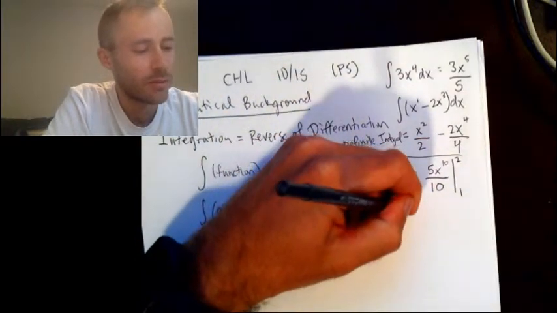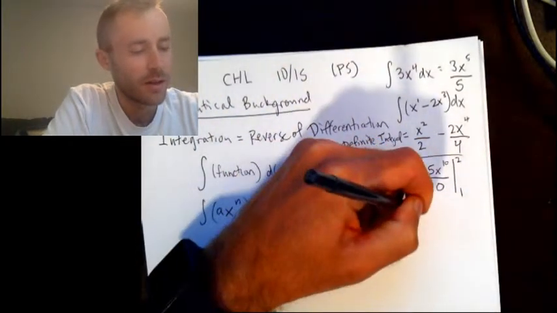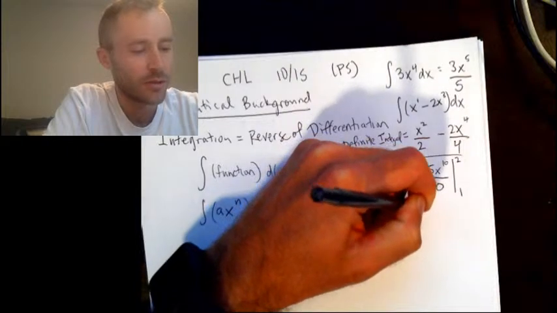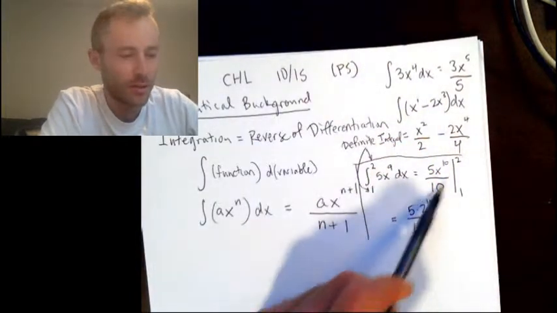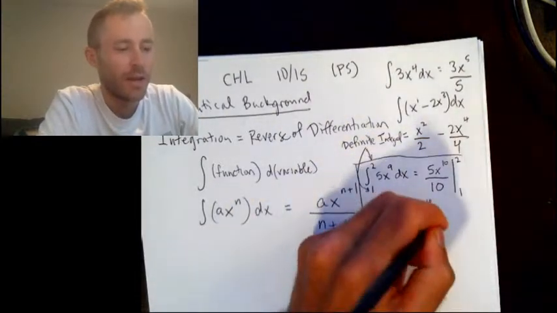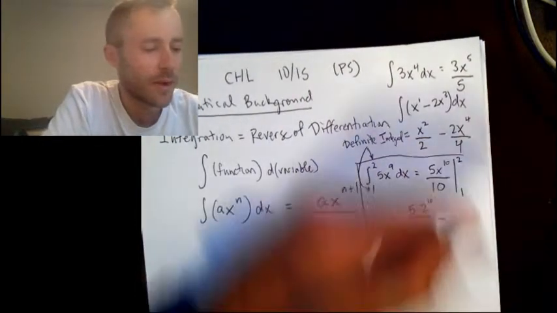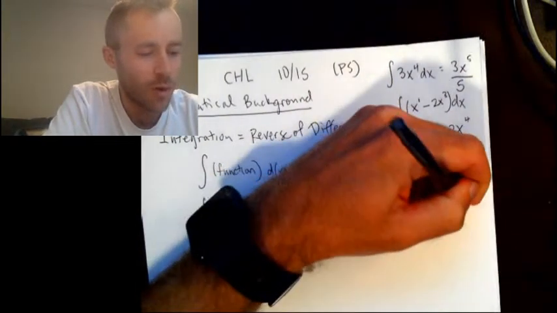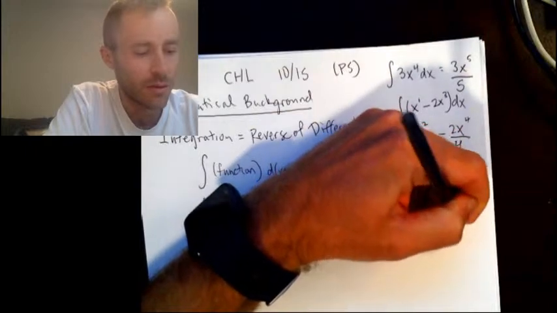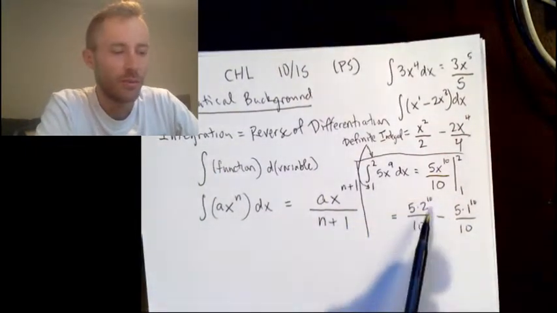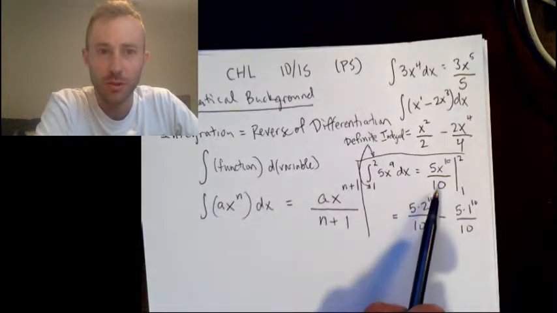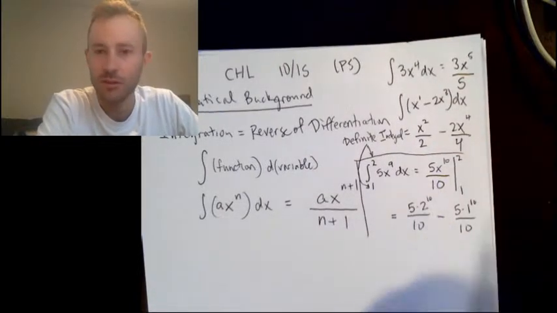So it'd be 5 times 2 to the 10th over 10, so I plugged in 2, minus 5 times 1 to the 10th over 10. I plugged in 2, I plugged in 1 to my function that was the result of my integral, and then I subtract those two.